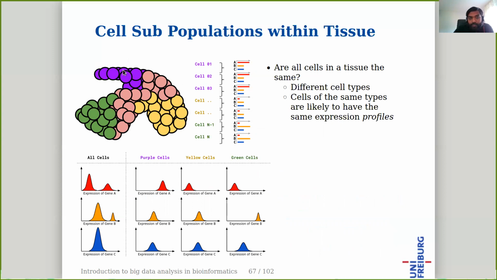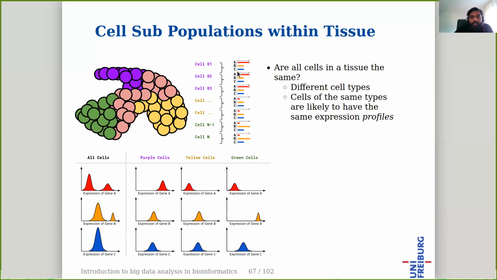So all these cells, for example these purple cells, have an expression profile where gene A is always overexpressed. These yellow cells have genes B and C normally expressed at a moderate level, but gene A is underexpressed, so downregulated. And these green cells have gene B overexpressed.